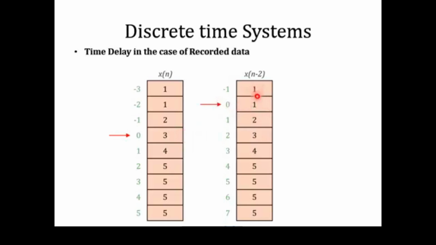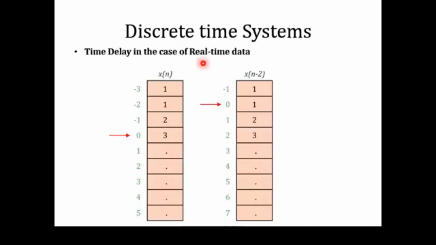After performing the delay operation, we are now addressing this memory location where the sample value stored is equal to 1. So the summary is, in the case of recorded data, all the values of our signal are stored in computer memory, and we can access the previous values of our signal through the delay operation.